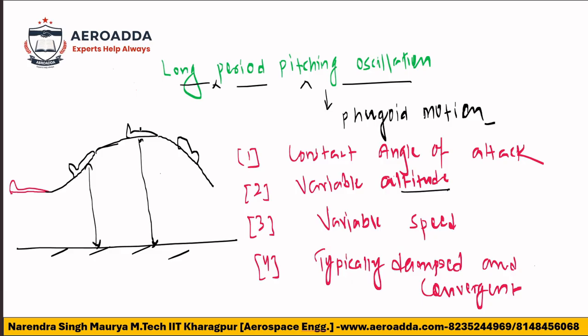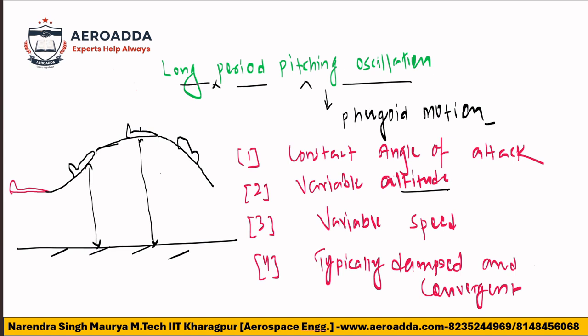So the point I want to mention is that in this long period pitching oscillation, where altitude keeps changing, there will be an exchange of energy. Think about it. Once it gains altitude, potential energy will increase. Once potential energy increases, kinetic energy will decrease, because at the very top velocity will be less.